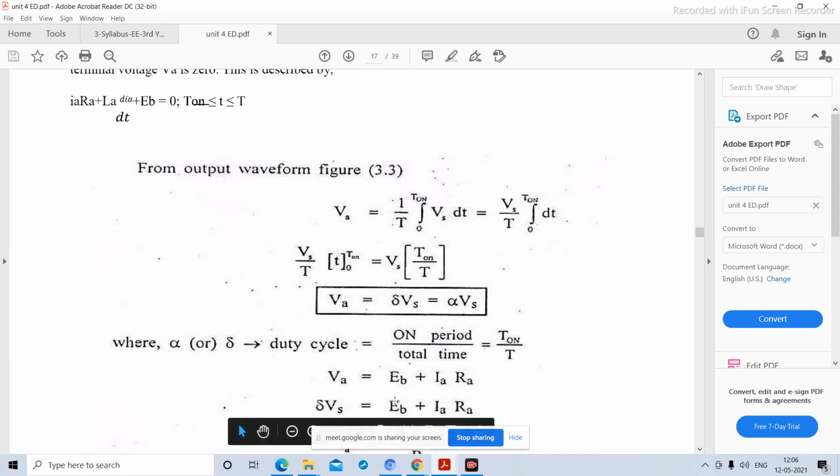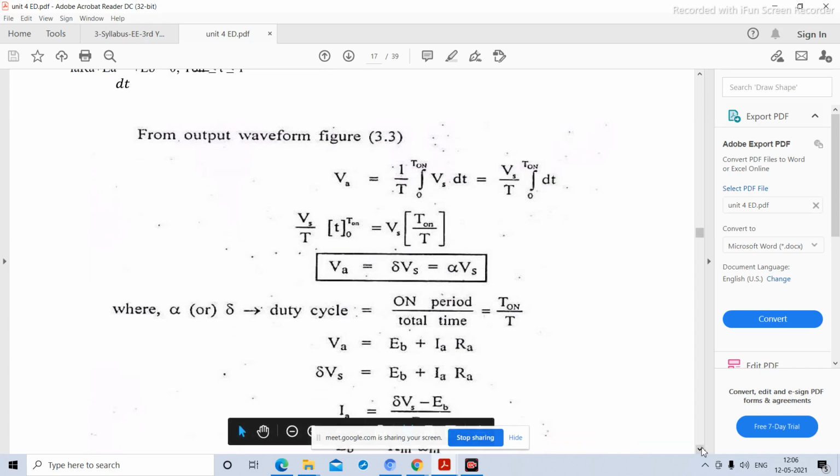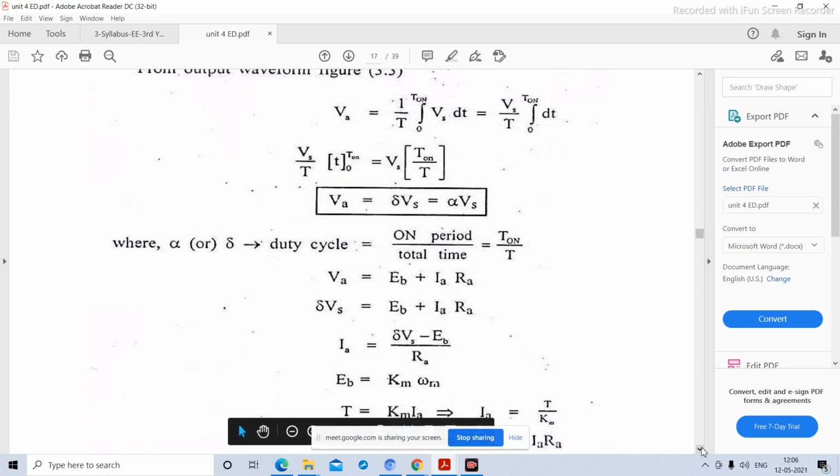So finally, Va equals EB plus Ia Ra. That is the equation for the DC motor. Put Va equal to alpha Vs or delta Vs. So delta Vs equals EB plus Ia Ra.